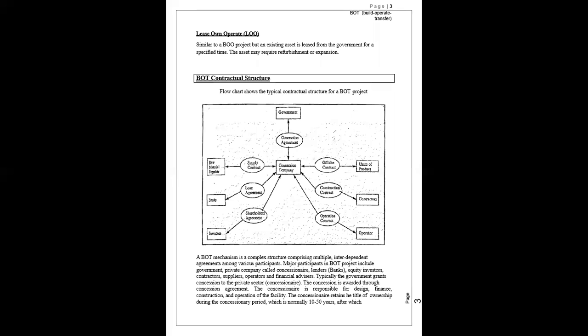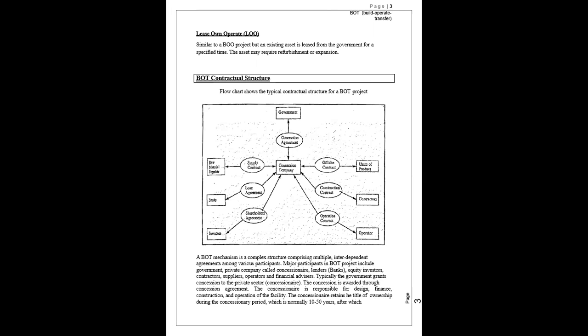The concessionaire retains the title of ownership during the concession period, which is normally 10 to 15 years. So if XYZ company is operating, that XYZ company is not having the ownership.